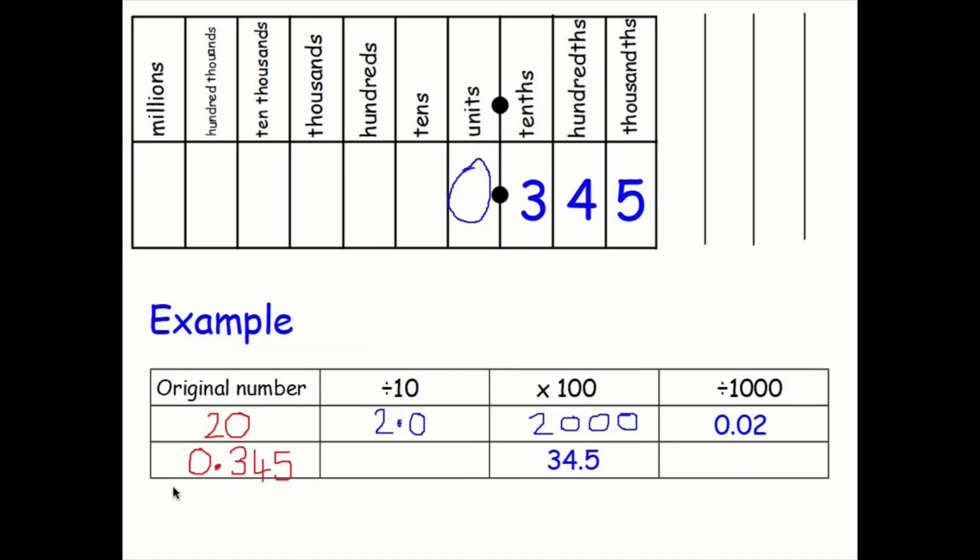And now we're dividing it by 10, so we go another jump. Divided by 10. And we need a place value holder, remember? So we're going to have another 0 there. So my answer here is 0.0345.